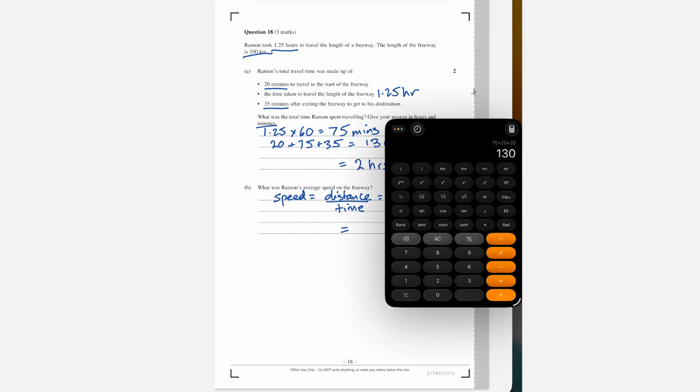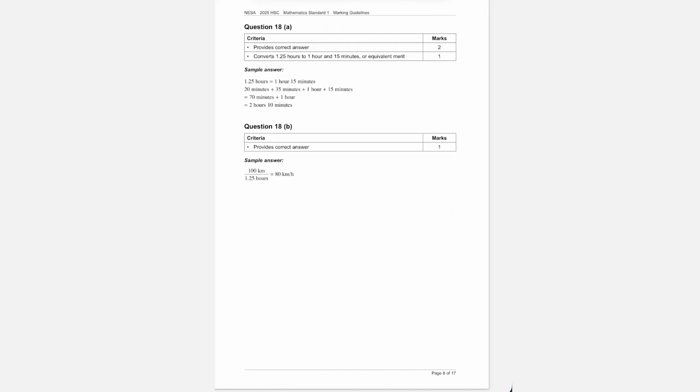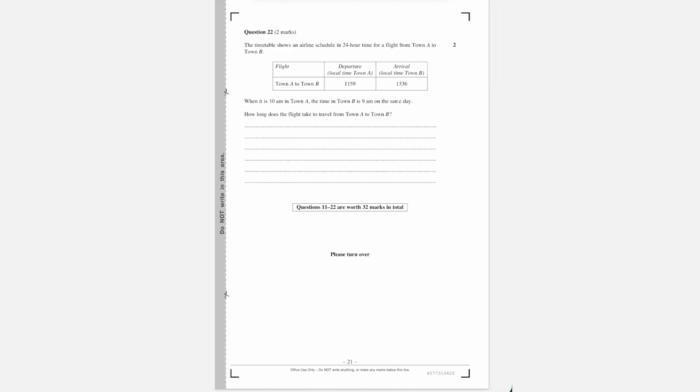So going back to our calculator, it's 100 divided by 1.25, which is equal to 80 kilometers at the top. And then 1.25 divided by 1.25 is just 1 hour at the bottom. So his speed, in other words, is 80 kilometers per hour. That's our answer. Indeed, we get 80 kilometers per hour and 2 hours and 10 minutes.